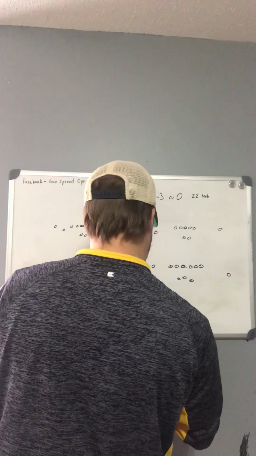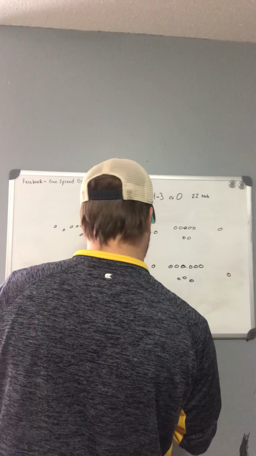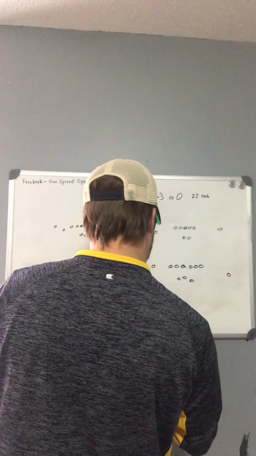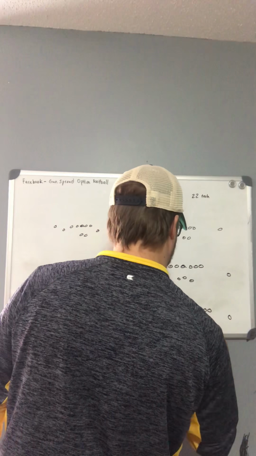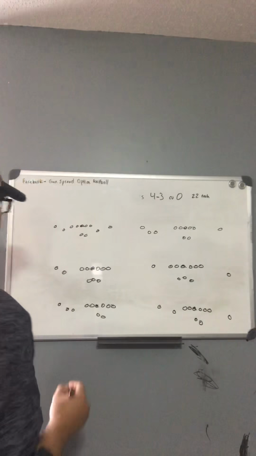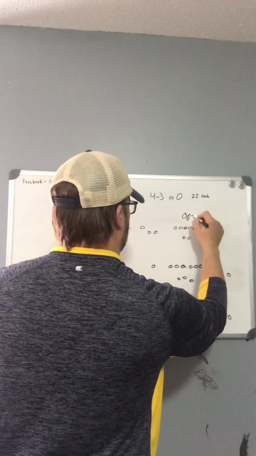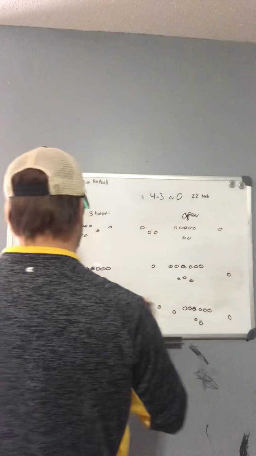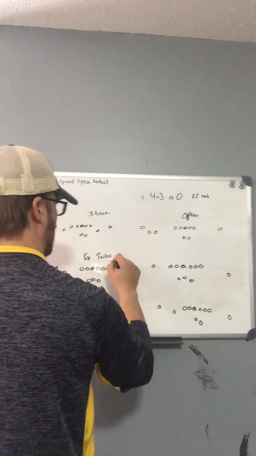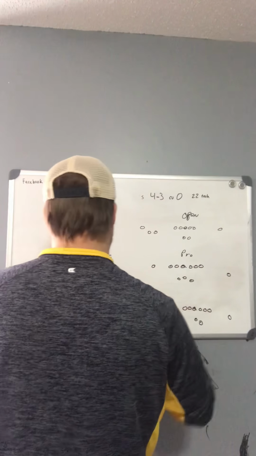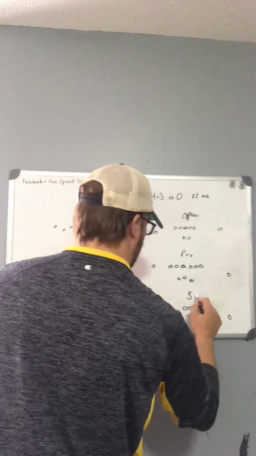Another one I like to use off of that, and twins, and then just gun slot. So I can give you all my formations. This one's shoot, this is open, and we always say gun because you can do all these under center too. This is pro twins, this is gun pro, this would be trips, this would be slot.